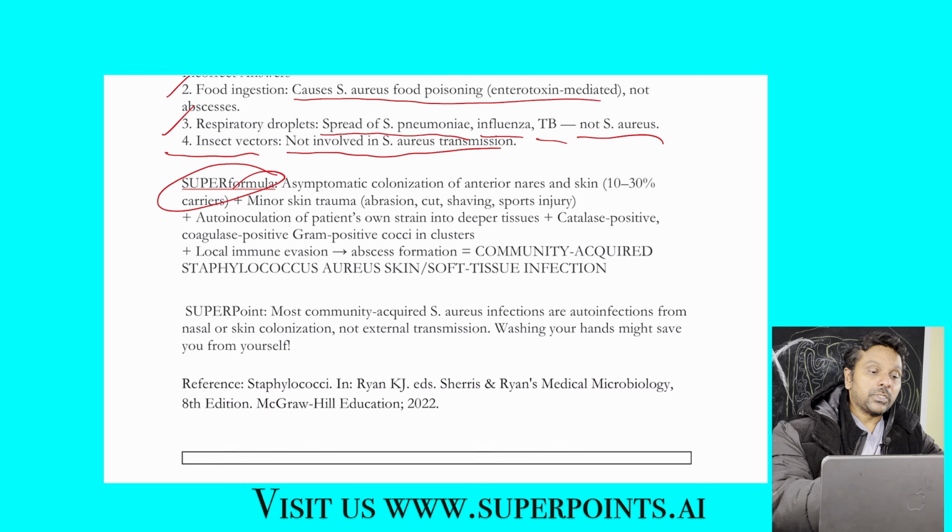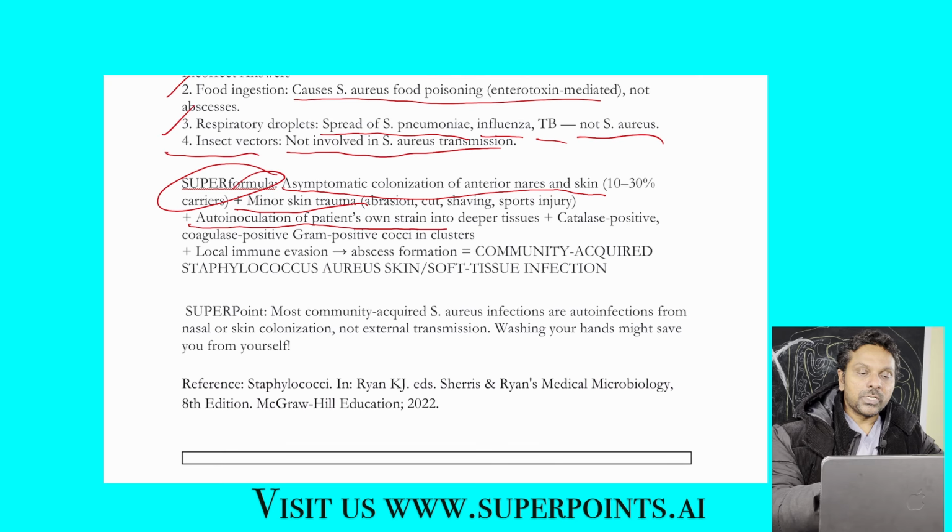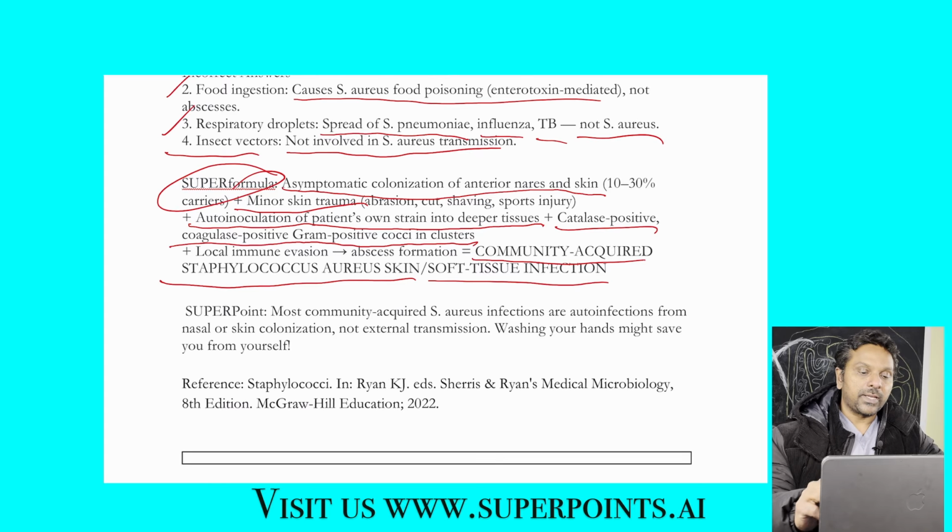So what about the super formula? Whenever you see asymptomatic colonization of anterior nares and skin, minor skin trauma, auto-inoculation of patient's own strain into deeper tissues, catalase positive, coagulase positive, gram-positive cocci in clusters, then they are talking about community-acquired Staphylococcus aureus skin and soft tissue infections.